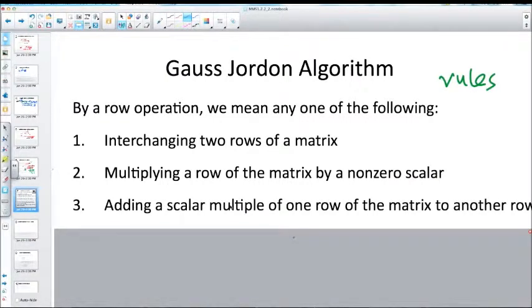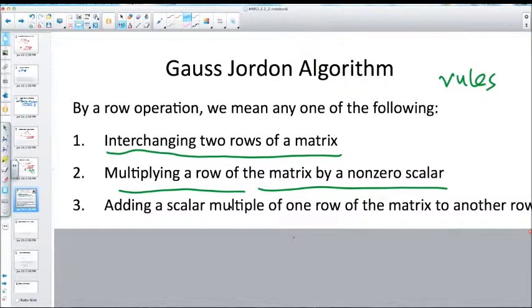The first, you can interchange 2 rows of a matrix. That is the same as you interchange the position of 2 equations. You can put it in whatever order you want. The second, you can multiply any row by a non-zero constant.